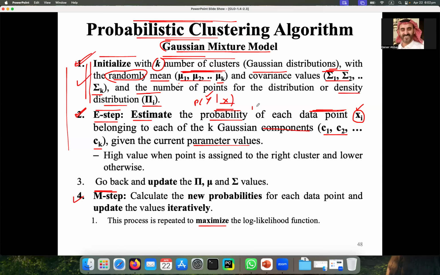Anyhow, generally you will calculate the probability of each data point with respect to each cluster, and you have K clusters.